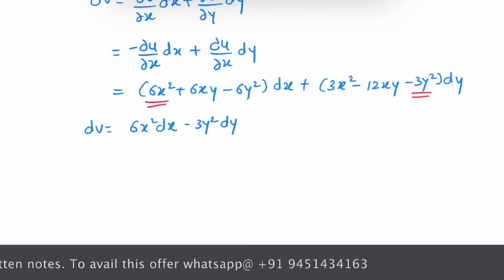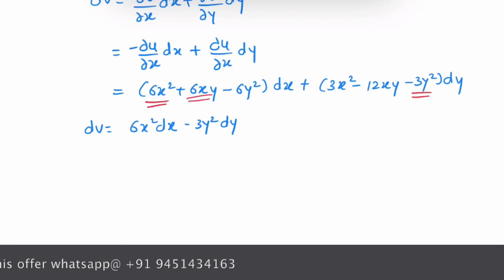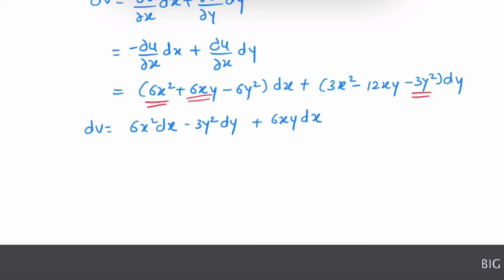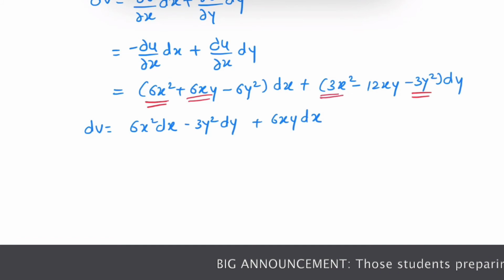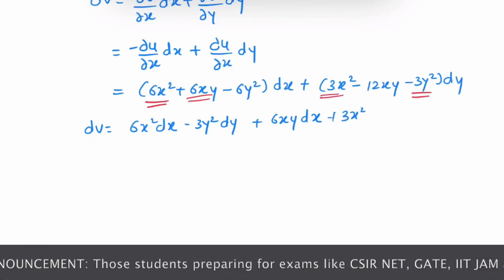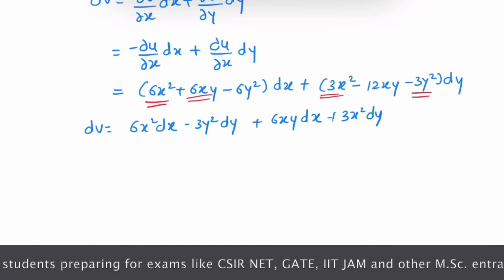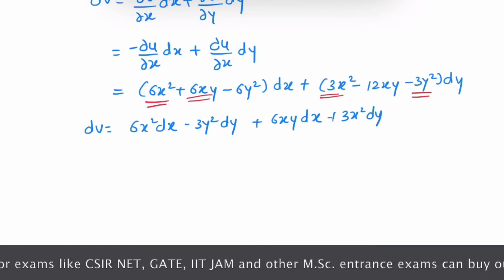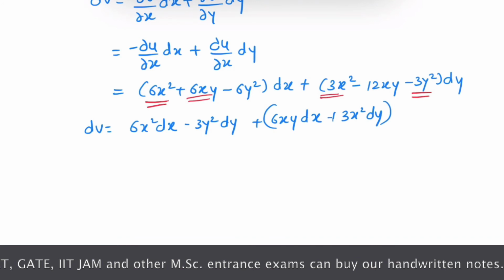Now taking this term outside, we have 6xy dx, and taking this term outside, we have 3x² dy.